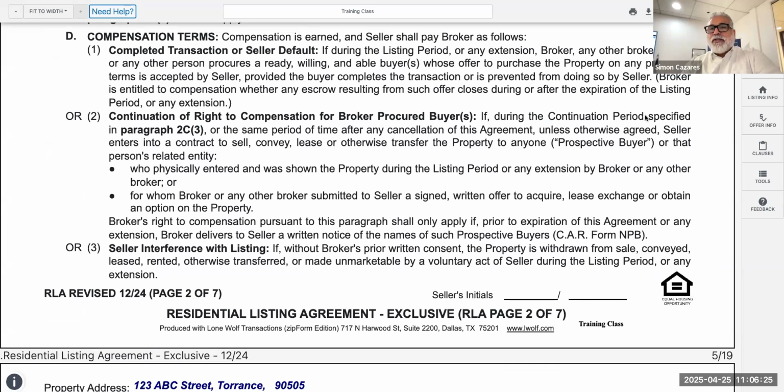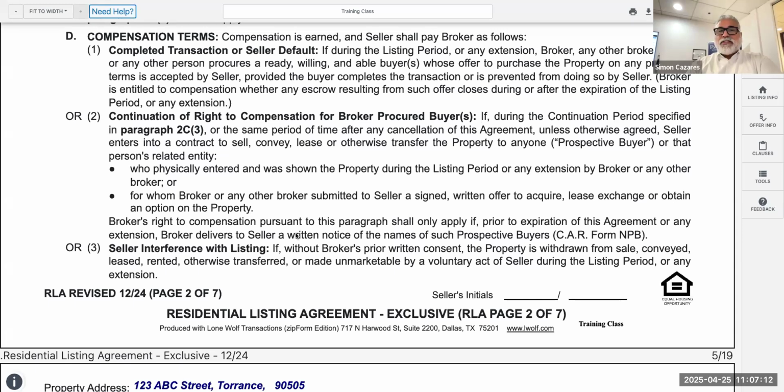It says if during the continuing period specified in paragraph 2C3 or the same period of time after any cancellation of this agreement, unless otherwise agreed, seller enters into contract to sell, convey, lease, or otherwise transfer the property to anyone, and it says prospecting buyer or that person's related entity, one who physically entered and was shown the property during the listing period or any extension by the broker or any other broker, or from whom broker or any other broker submitted to seller a signed written offer to acquire, lease, exchange, or obtain an option on the property.